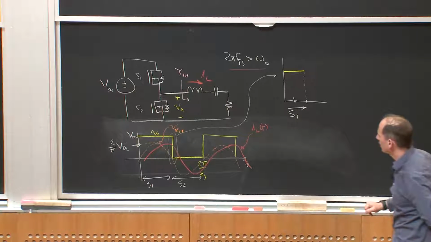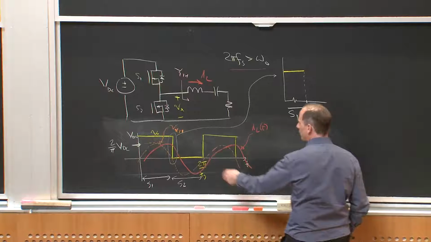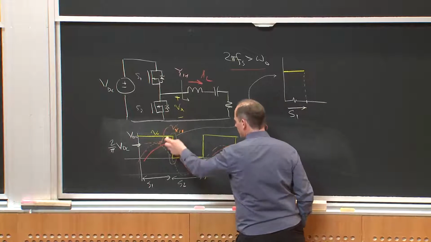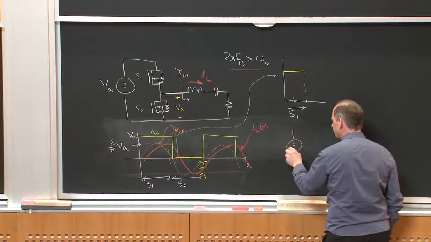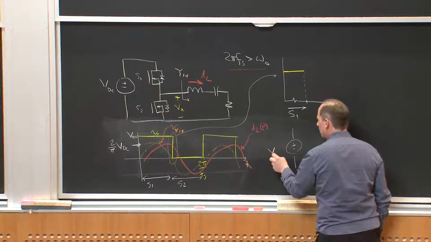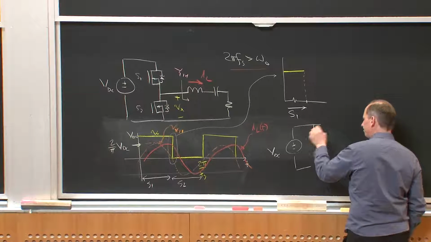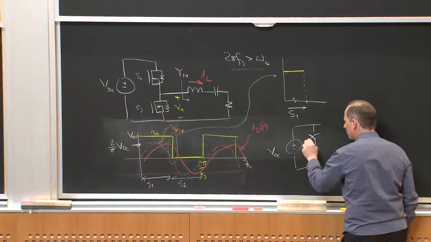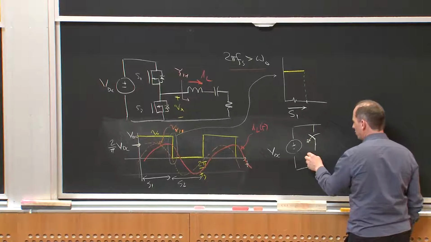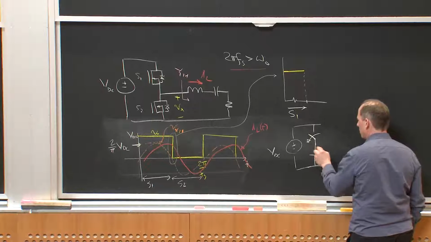So if I were to think about this switching transition, and let me just think about this particular time, what I'm going to do at that particular time, here's VDC. What I'm doing is at that time, I'm opening this switch, and then this switch is already open, but there's a diode here, okay?